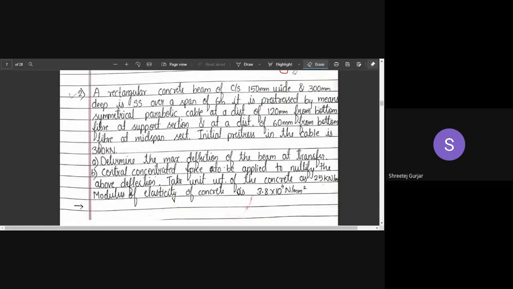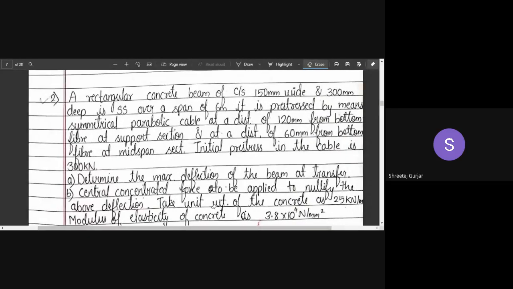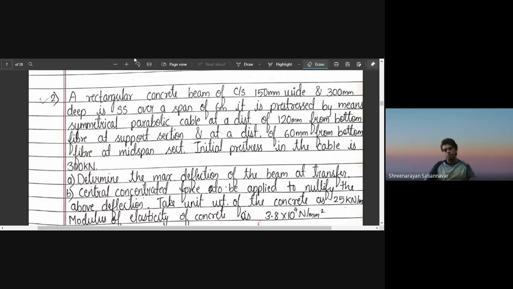Can anyone please read the problem statement for me? A rectangular concrete beam of cross section 150 mm wide and 300 mm deep is simply supported over a span of 6 meter. It is pre-stressed by means of a symmetrical parabolic cable at a distance of 120 mm from the bottom fiber at support section, and at a distance of 60 mm from the bottom fiber at midspan section.